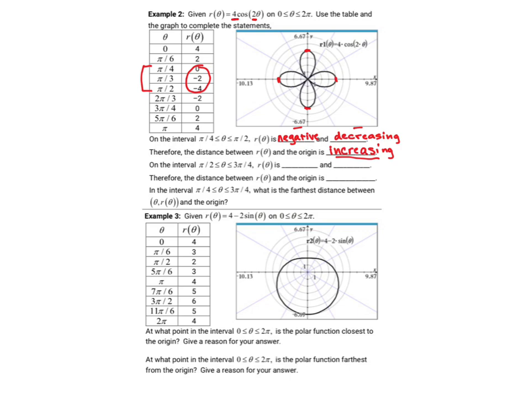On the interval from pi over 2 to 3 pi over 4, so that's right here, r is still negative, but becoming less negative, so increasing. So the distance between r of theta and the origin is decreasing. Is that making more sense?